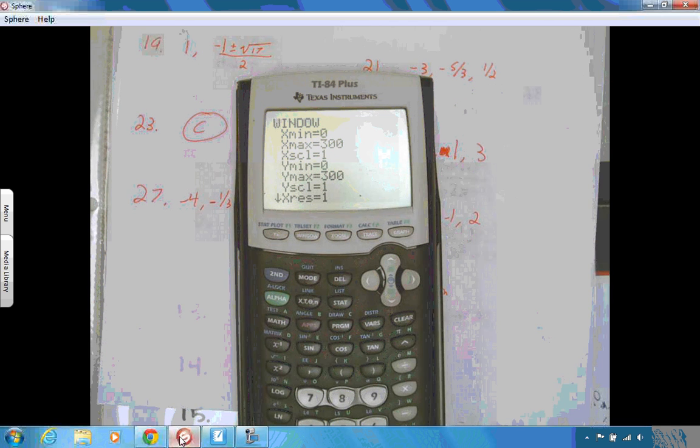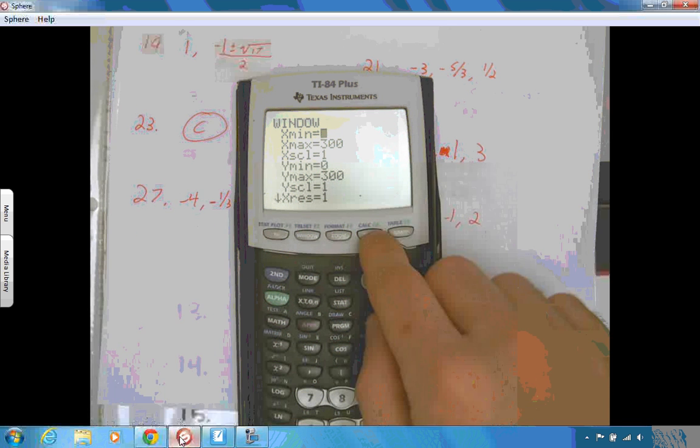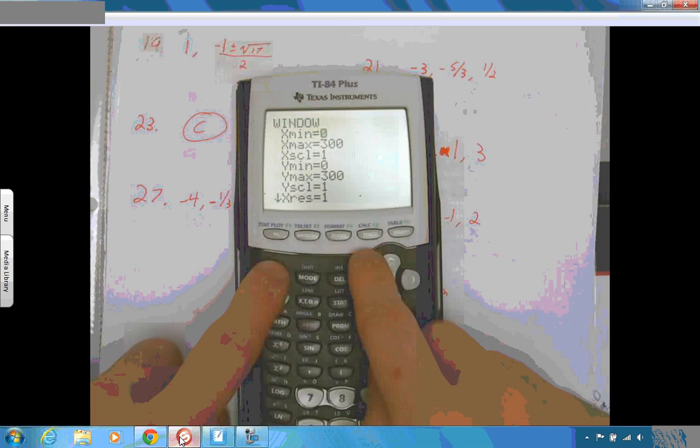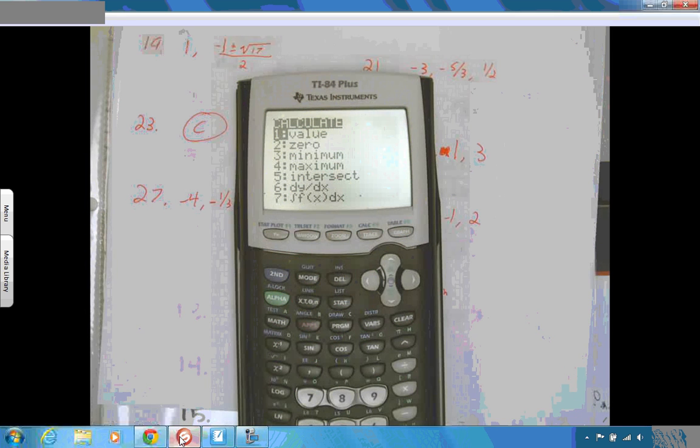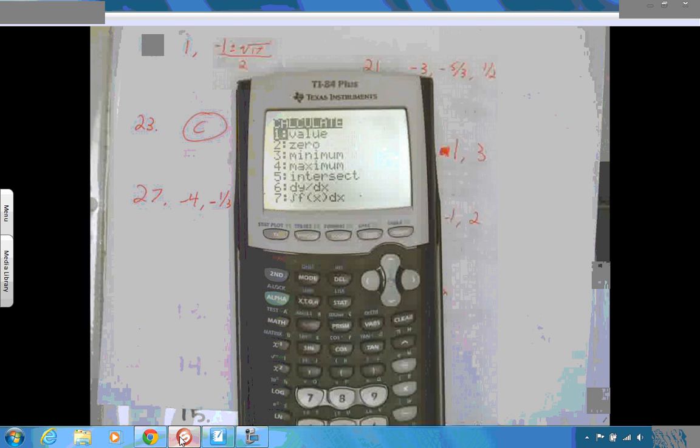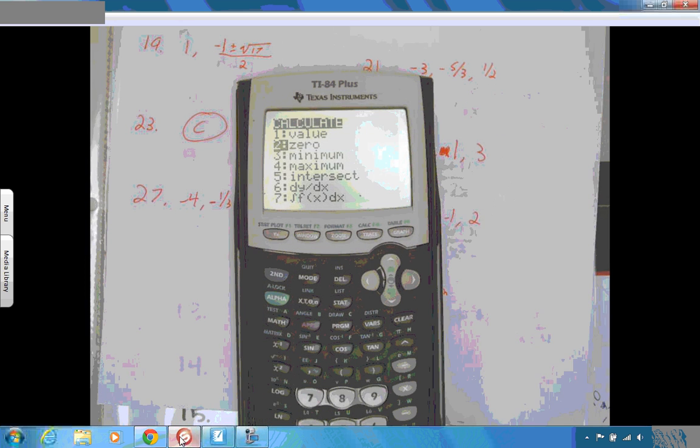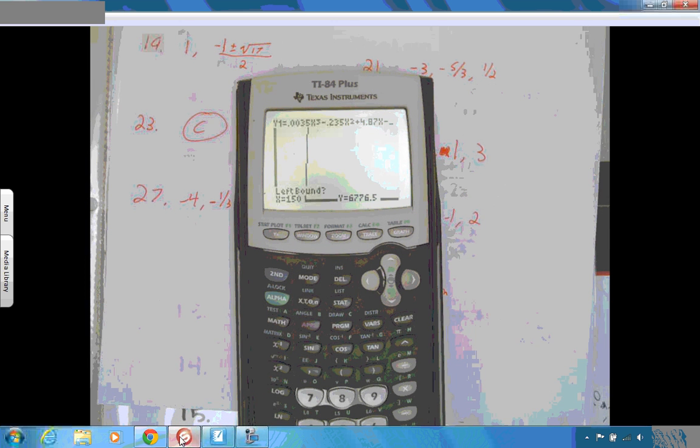Because ultimately, what I want to do, guys, the calc, which is second trace. Which one do you think I want? The one that says intersect. Intersect is where two functions intersect. You want to do 0? So if I choose 0, it says left bound.